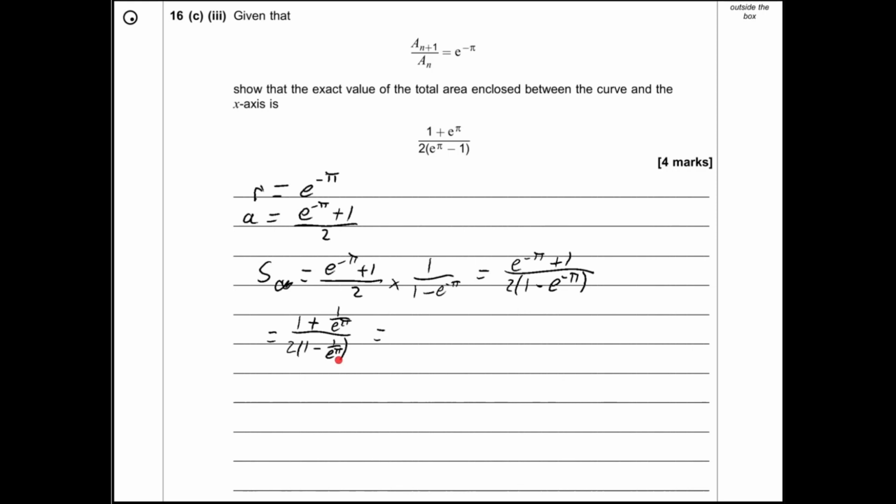And what we can make that then equal to is, if we times up this, we get a 2, e to the pi minus 1. And then if we times up this, we get an e to the pi plus 1. And then there you go.